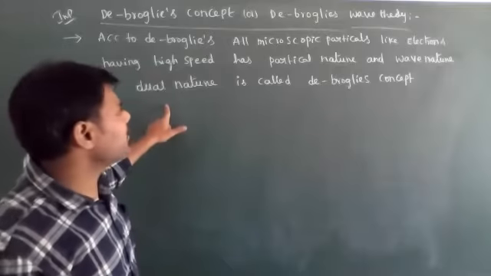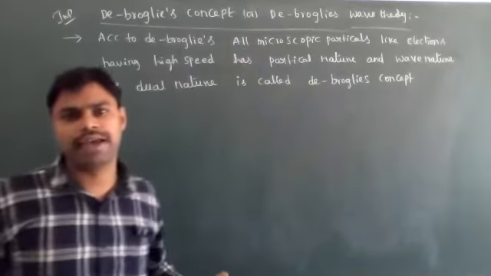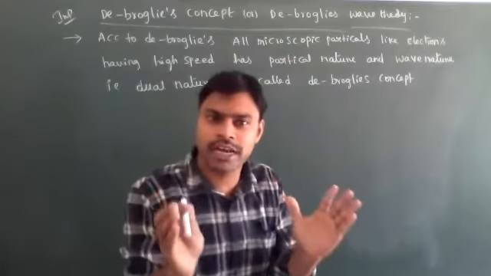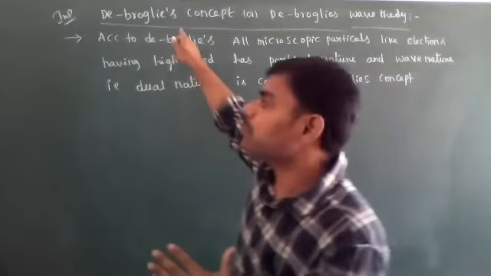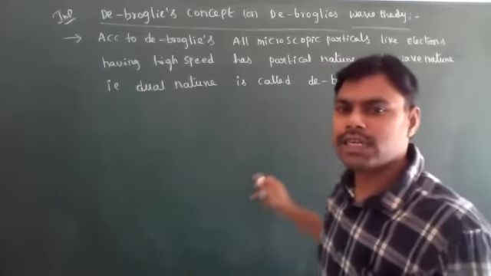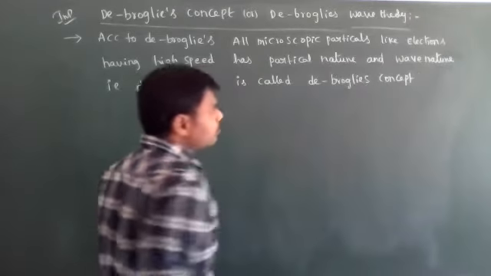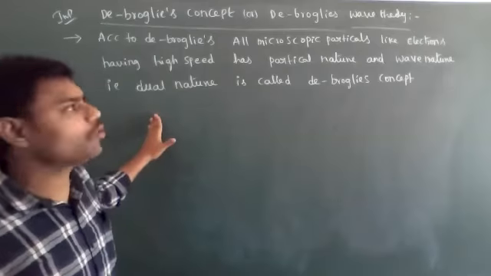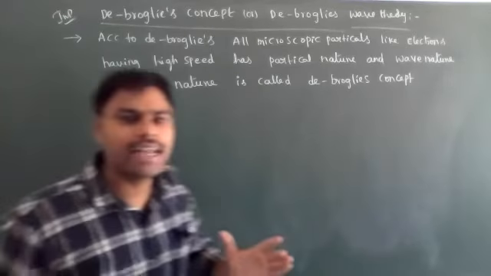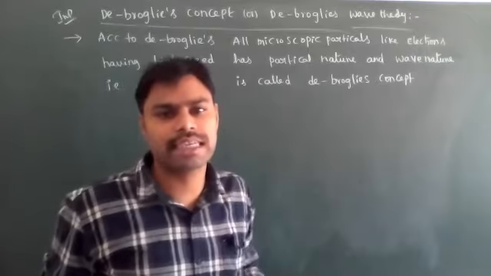So that dual behavior concept is known as de Broglie's concept. Who proposed the dual nature of electrons? De Broglie proposed it. So, according to this dual concept, he calculated the wavelength of microscopic particles. That is called de Broglie's equation.